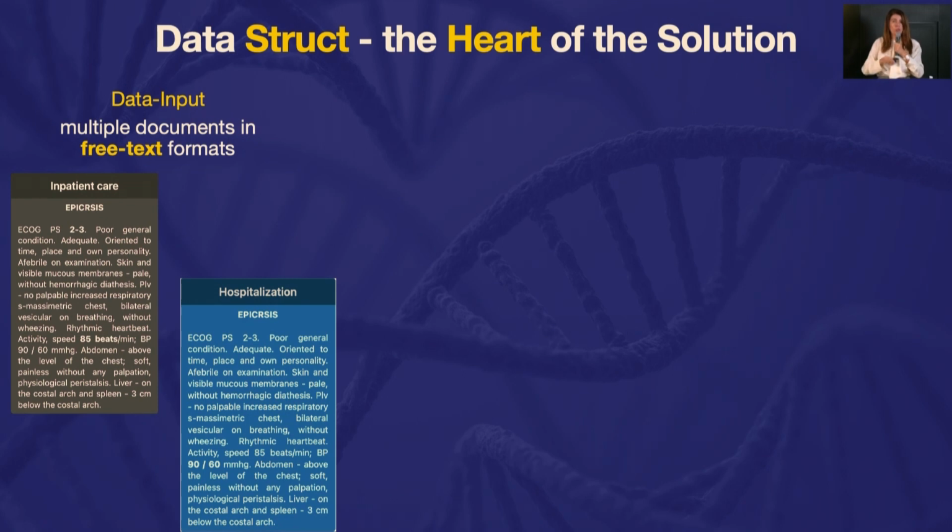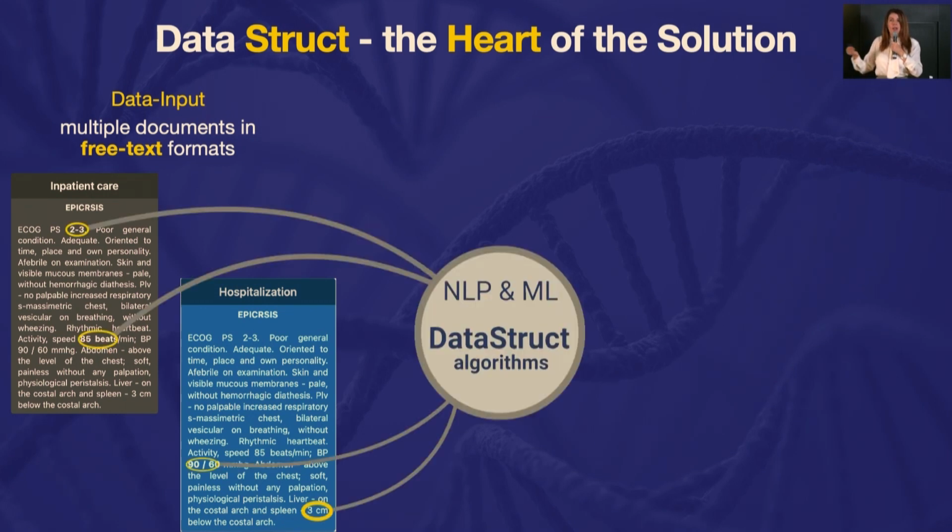It's stored because it's written by physicians in epicrisis, in the protocols. But those data need to be readable, need to be structured in order to help investigators and physicians identify patients faster and enroll them in clinical trials.